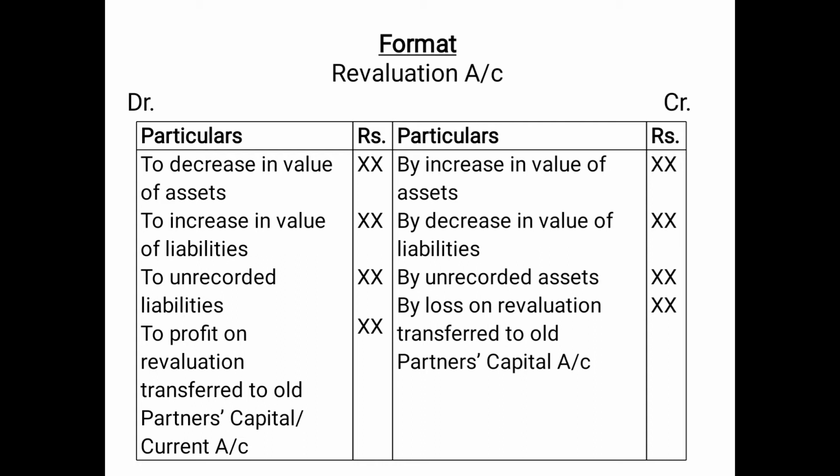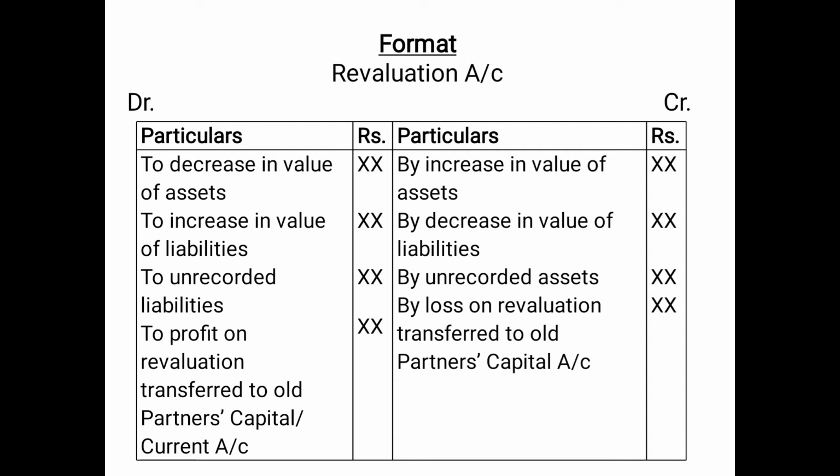If the credit side is more than the debit side, it will be a profit, and the profit will be shown on the debit side to balance both the sides equally. It will be distributed among all the old partners' capital if it is a fluctuating method, and current account if it is a fixed method, in the old ratio.